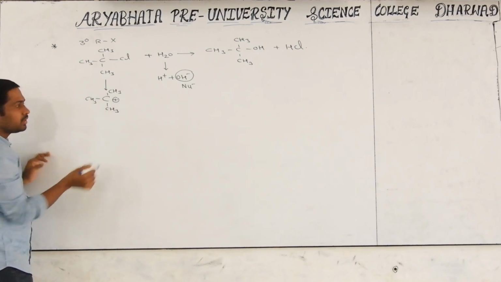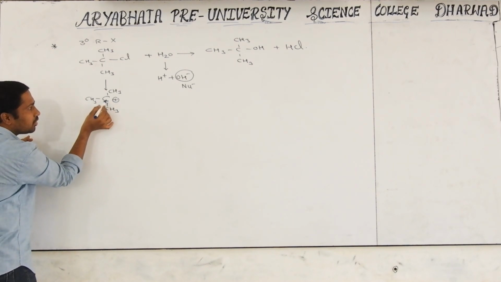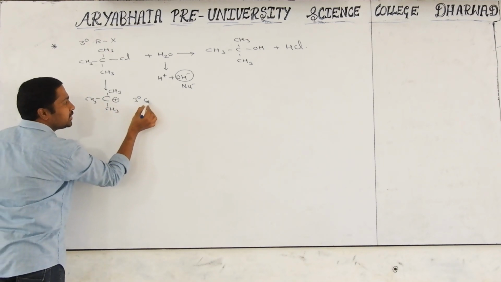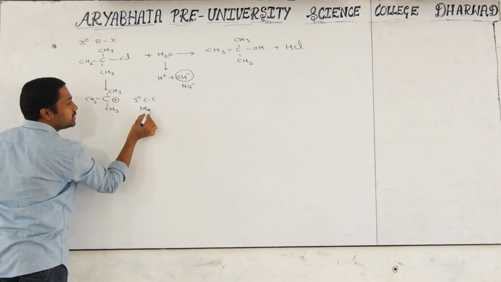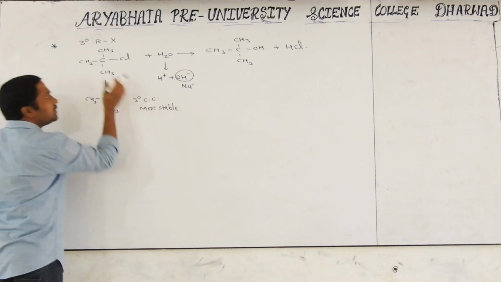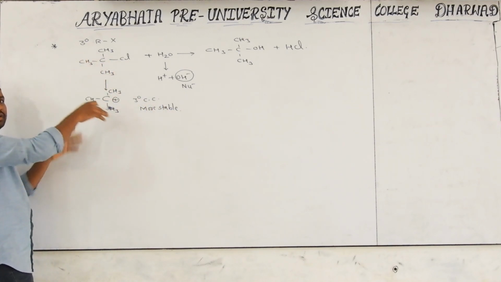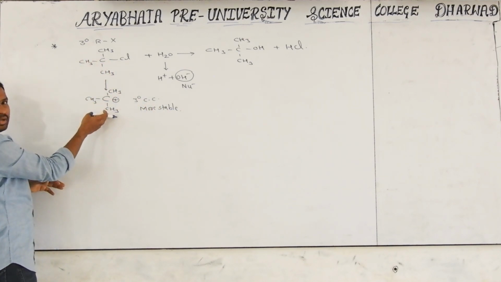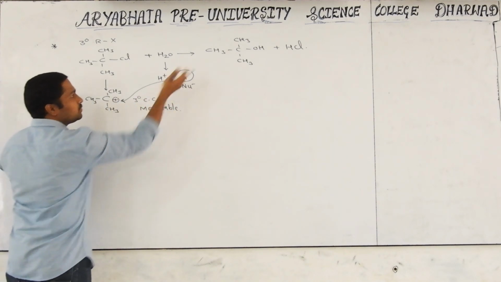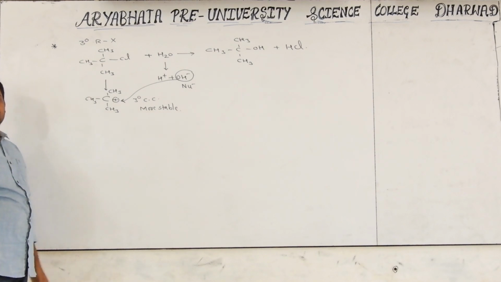Did you observe? This positively charged carbon is directly connected with 3 carbon atoms, so it is called a tertiary carbocation. It is a more stable particle. That's why this compound easily breaks down into the tertiary carbocation. Then immediately it is attacked by OH minus, and you get alcohol.